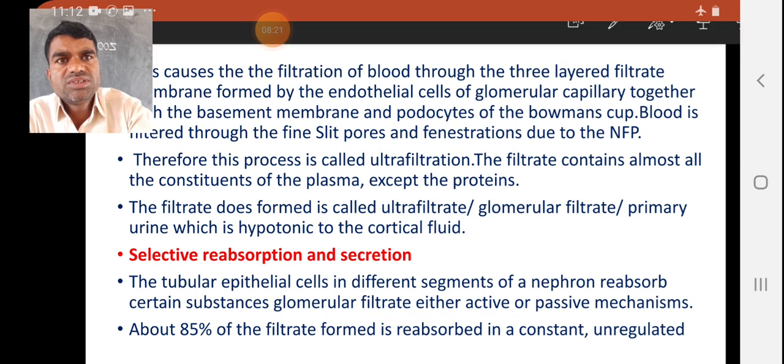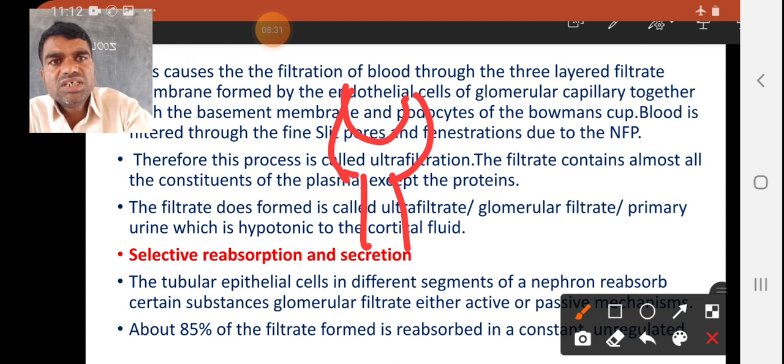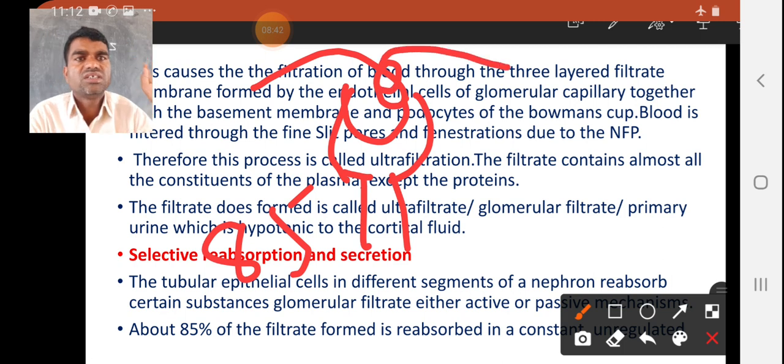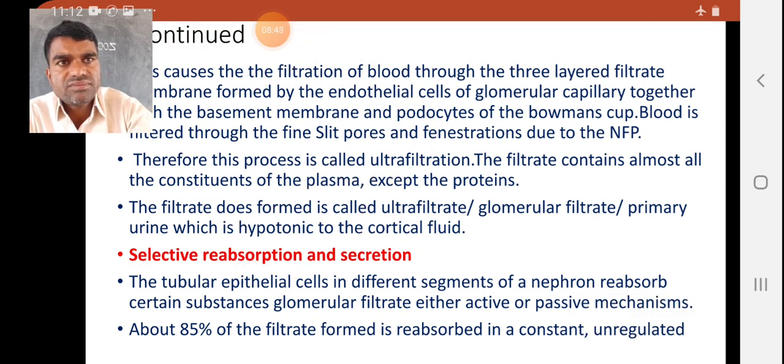This is Bowman's capsule. Here it is the PCT part. How much is reabsorbed here? 85% is reabsorbed in the PCT region. This is the afferent renal arteriole, this is the glomerulus, and this is the efferent renal arteriole. Okay. Now continuation.